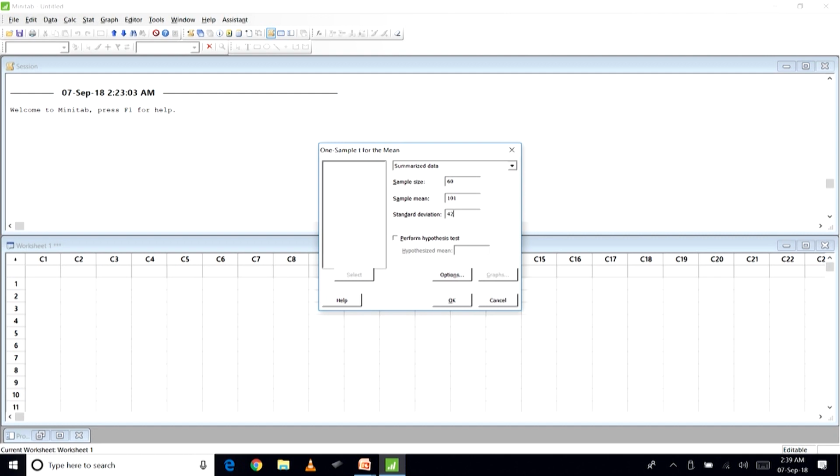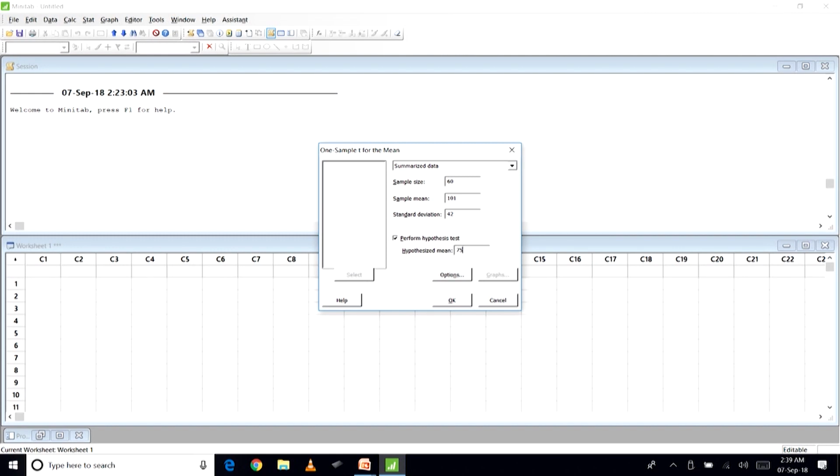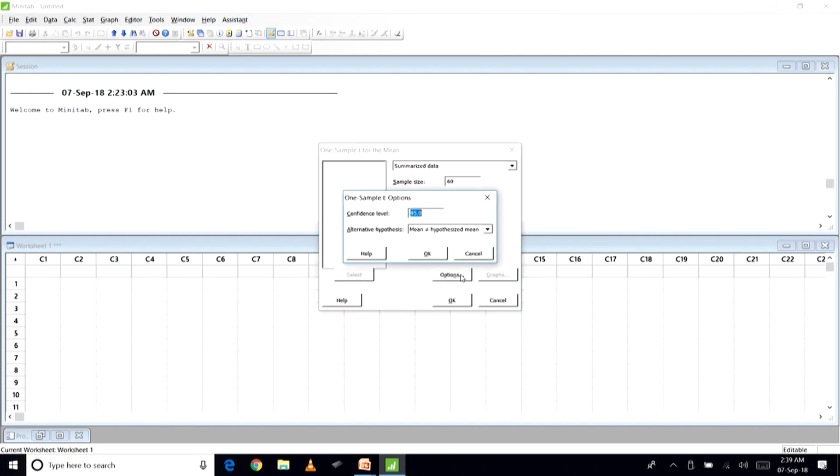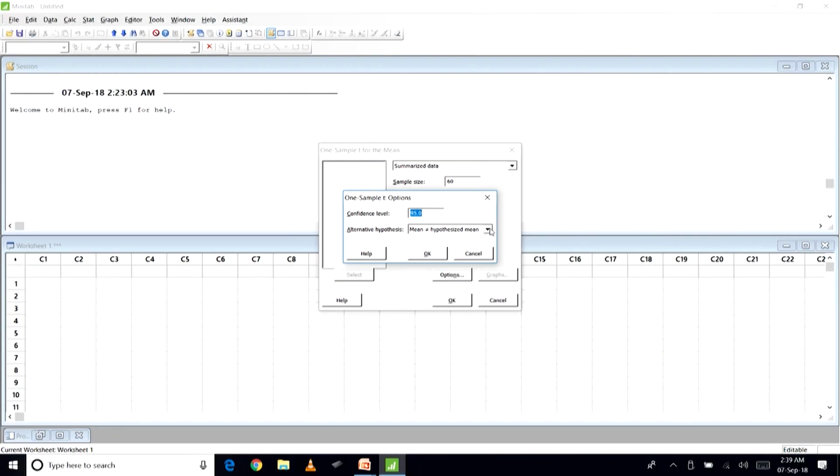Perform hypothesis test, hypothesized mean, this is important, is 75. Then Options, where we can enter the confidence level. So, the confidence level is 98% and the alternative hypothesis is mean greater than hypothesized mean.